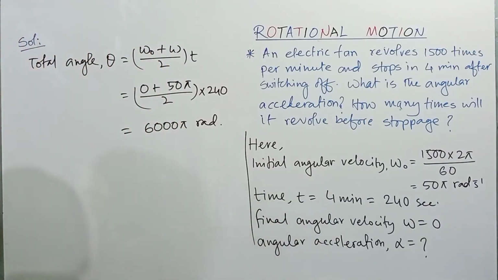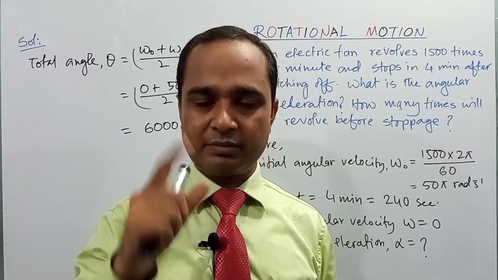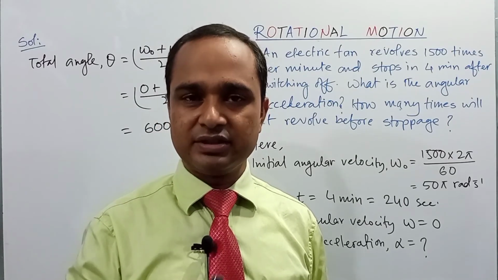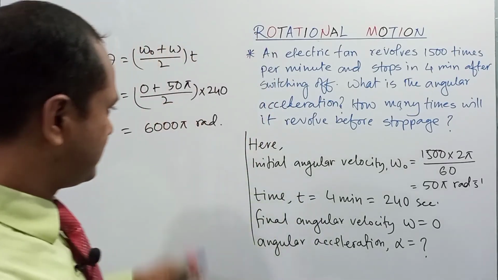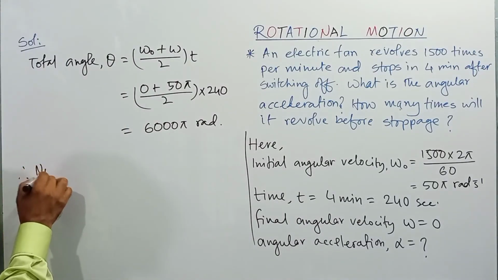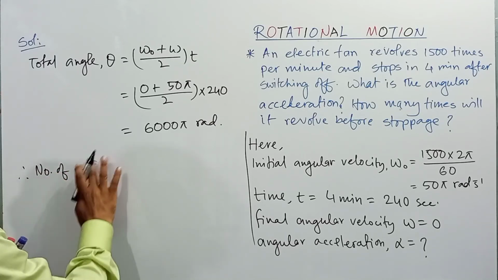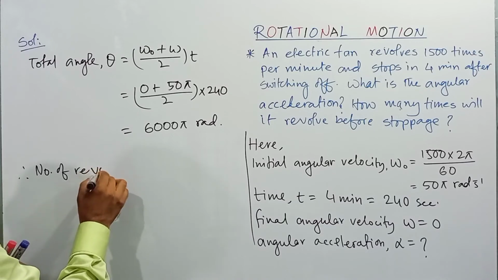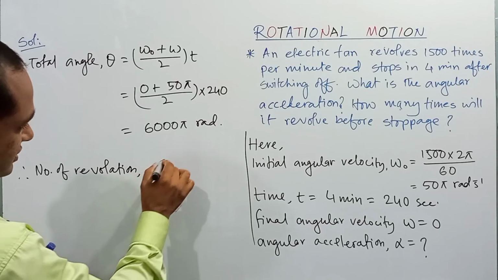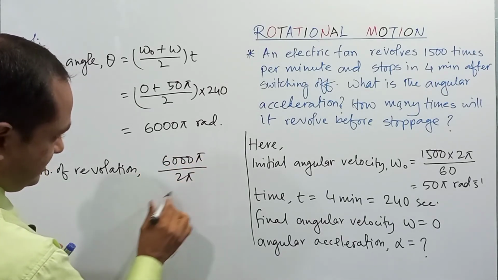So, number of revolutions: for twice pi angle the number of revolutions will be 1, or in one revolution it will create twice pi. So the number of revolutions can be obtained by dividing this total angle by twice pi. Therefore, number of revolutions is 6,000 pi divided by twice pi.